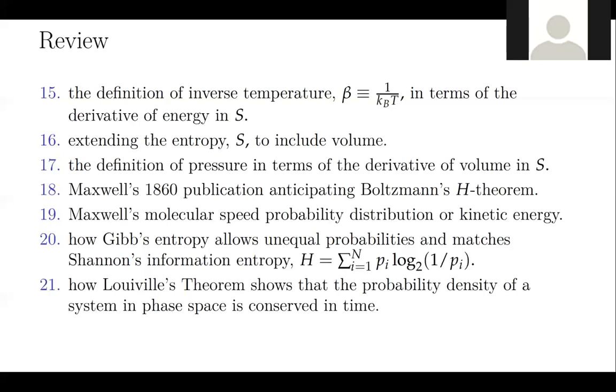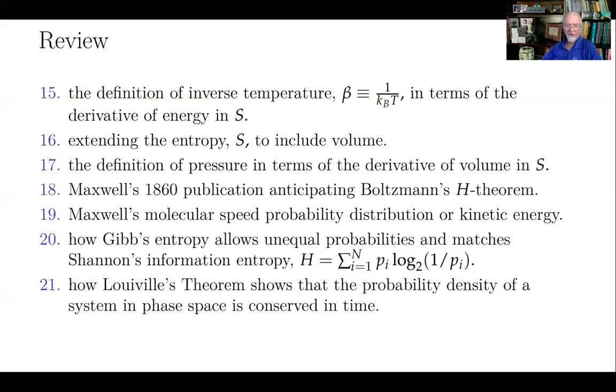We talked about how Josiah Gibbs' definition of entropy allowed unequal probabilities and is identical except for a constant to Shannon's information entropy, as opposed to the Boltzmann entropy, which is just a constant between the two.